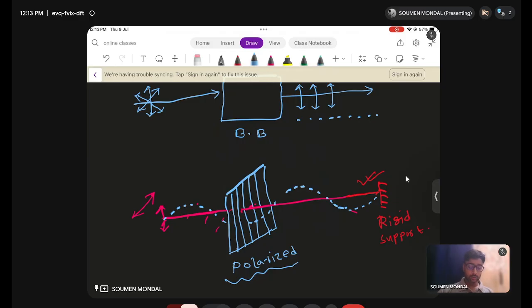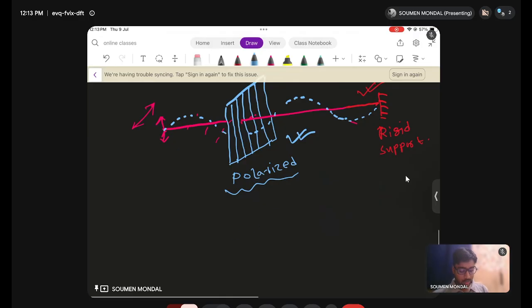Now, the question is, I initially start our discussion that the polarization phenomenon actually proves that light is transverse. From this example, we can basically perform this demonstration. We can explain whether light is a transverse or a longitudinal wave. Now, if a longitudinal wave passes through this fence, let's say we have a spring.